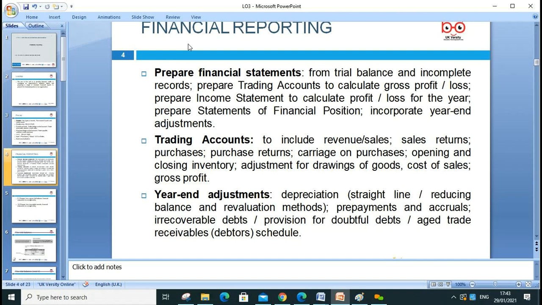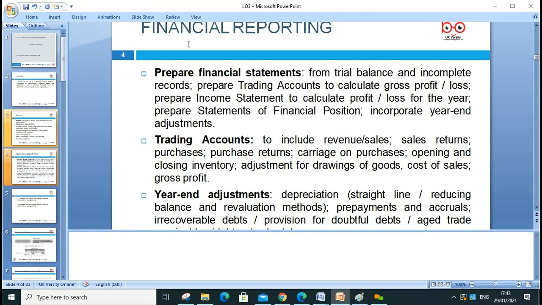So today's lesson, LO3, has the learning outcome of preparing the financial statements. First of all, we look at how many types of statement we prepare. Do you remember we discussed statements of profit and loss? Yes.